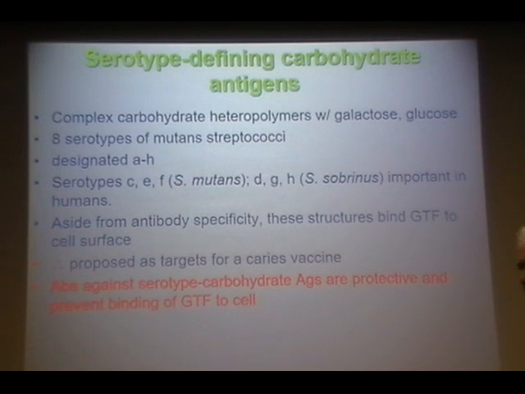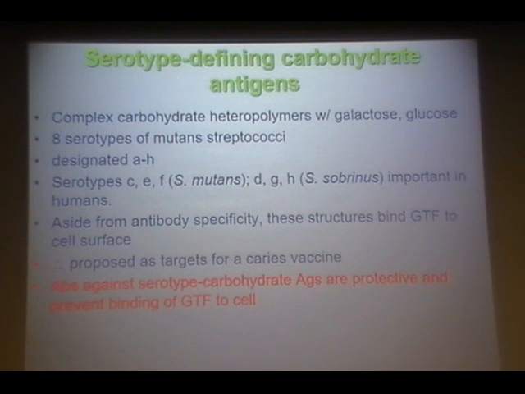And what's interesting is that studies have shown that these guys don't just play a role as being a serotype, so you can identify them in individuals. The carbohydrate antigen appears to play a role in being the pedestal on which the glucosyltransferase sits in order to promote the production of these glucans.